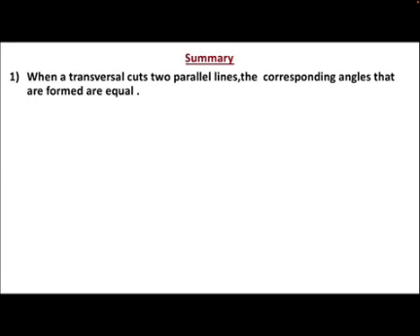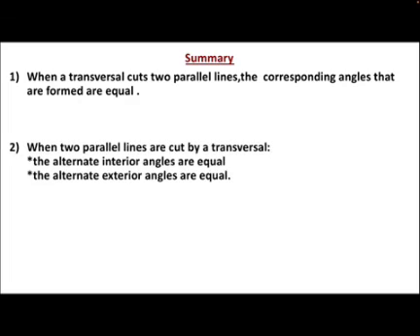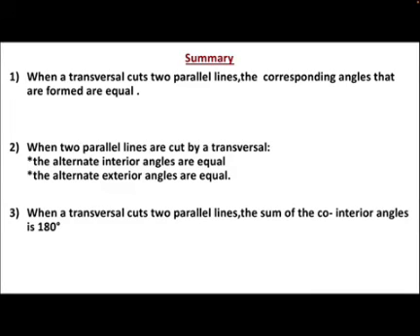Next, let us summarize the three results that we have learned. When a transversal cuts two parallel lines, the corresponding angles that are formed are equal. That is result 1. Can you remember? Next, when two parallel lines are cut by a transversal, the alternate interior angles are equal and alternate exterior angles are equal. Third one, when a transversal cuts two parallel lines, the sum of the co-interior angles is 180 degrees.